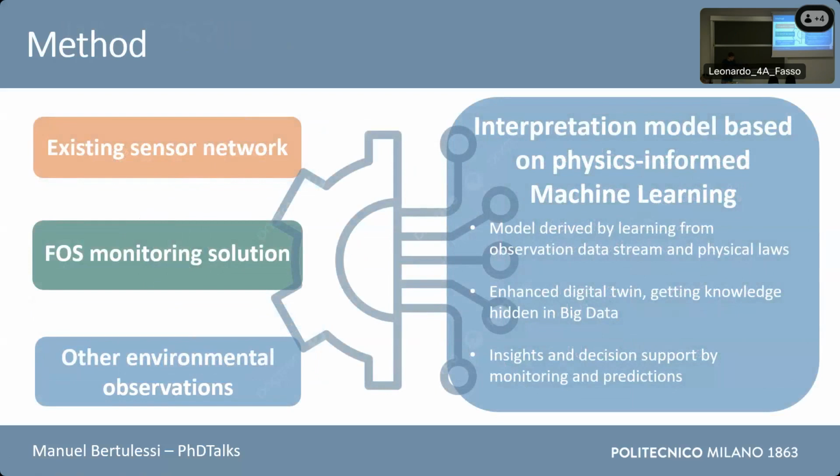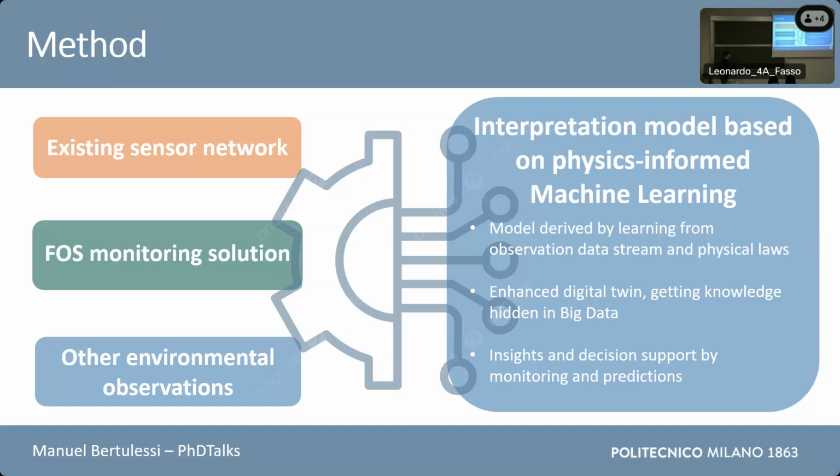Okay, we have this new monitoring solution. We have to integrate it with the existing framework, so the existing sensor network or other environmental observation measurements that can be provided in the same location in which the infrastructure is placed. By using physics-informed machine learning, we want to get an interpretation model that can learn from the stream of observation data, but also obey physical laws.